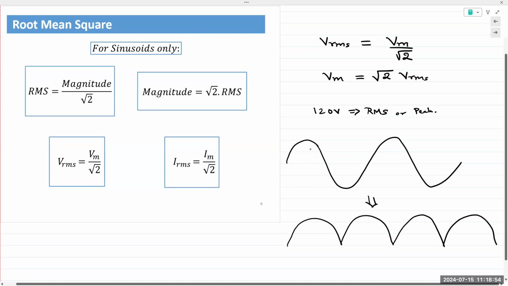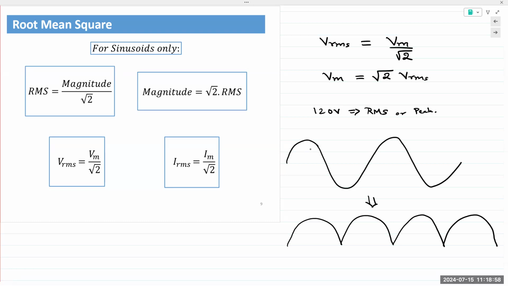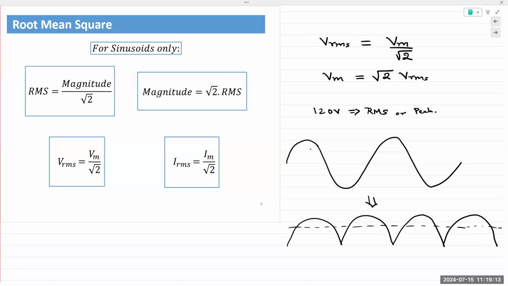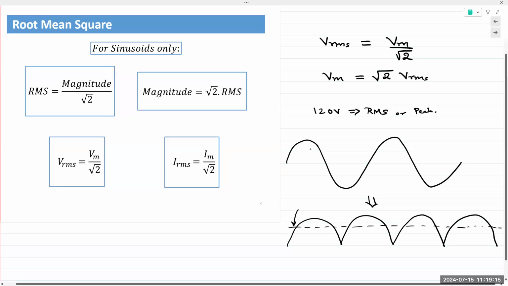You transform all negative peaks into positive peaks, and then you flatten out these mountains into a plateau. When you flatten out all these mountains of dirt into a flat plateau, that is the RMS value. And this is the peak value.